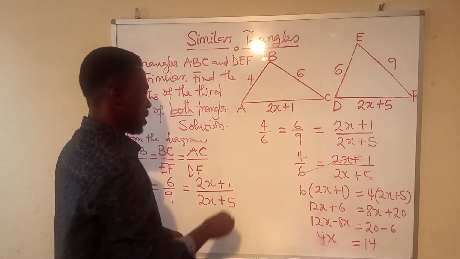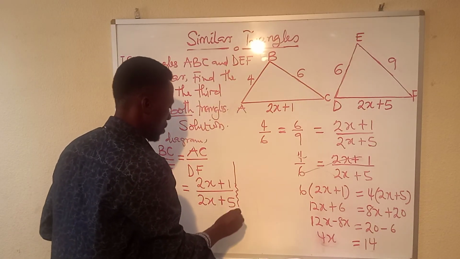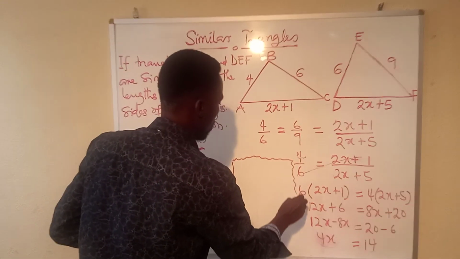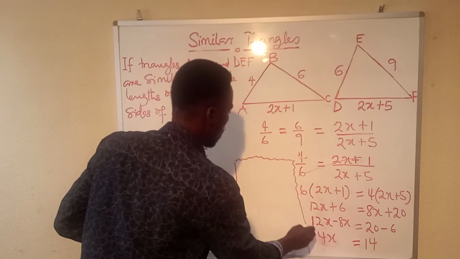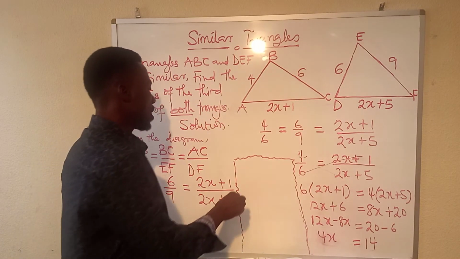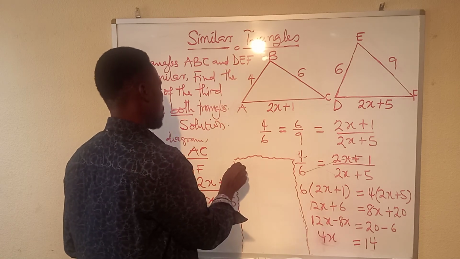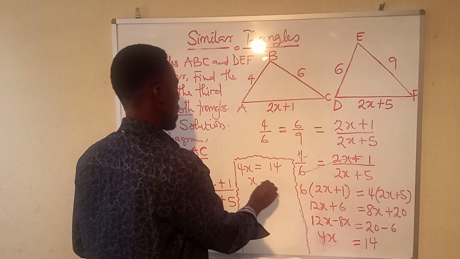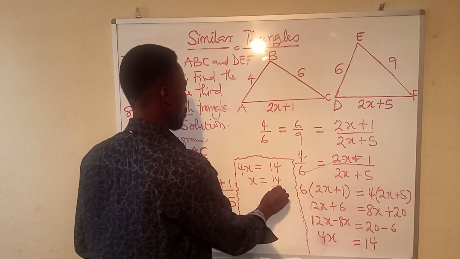All right. Now let's make use of this space over here. So we have 4x is equal to 14, which means our x is equal to 14 out of 4.